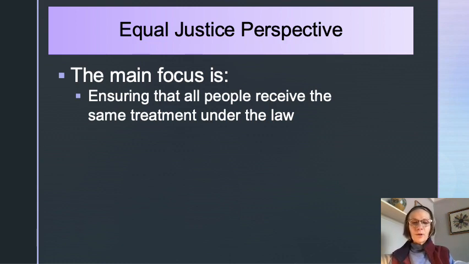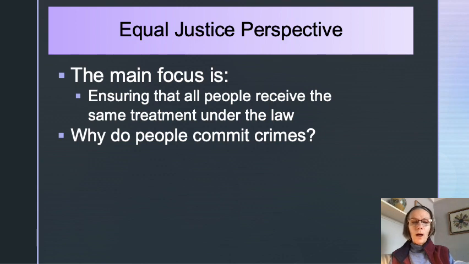The due process perspective says that the state should follow the fair procedures that are set out, and that all who are accused of crimes should be equally afforded those same sorts of protections. And the equal justice perspective is also concerned with this equal treatment under the law.